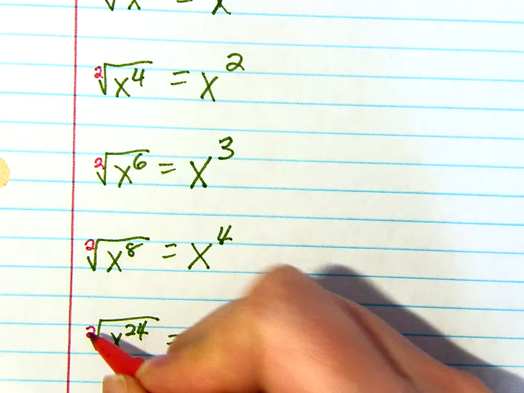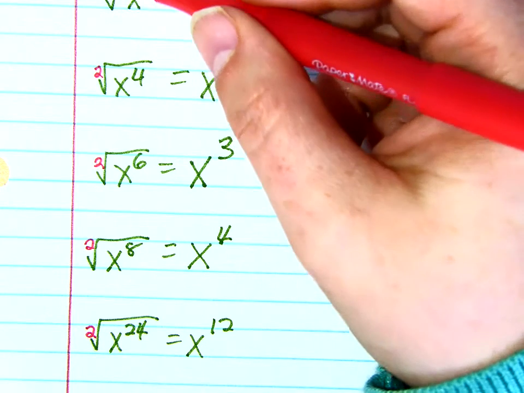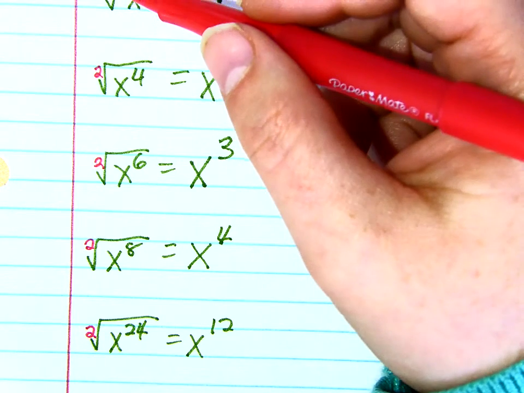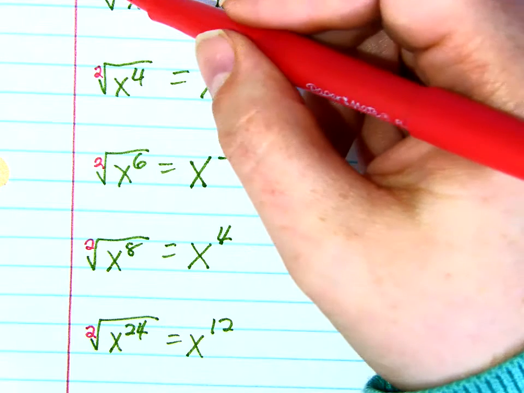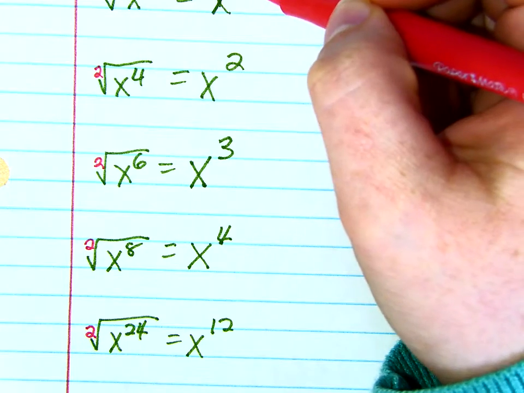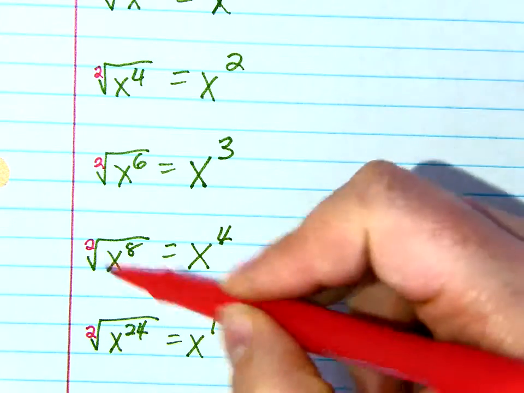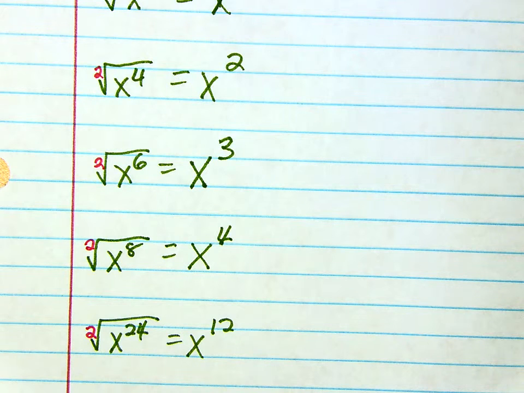Do you notice some relationship between the, what was the vocab word for this number on the outside? Start with an I. Index. There's a relationship between the index and the exponent you get out. They are all even in this case.